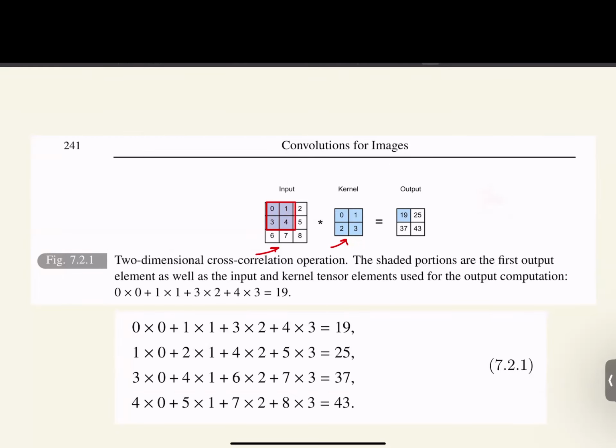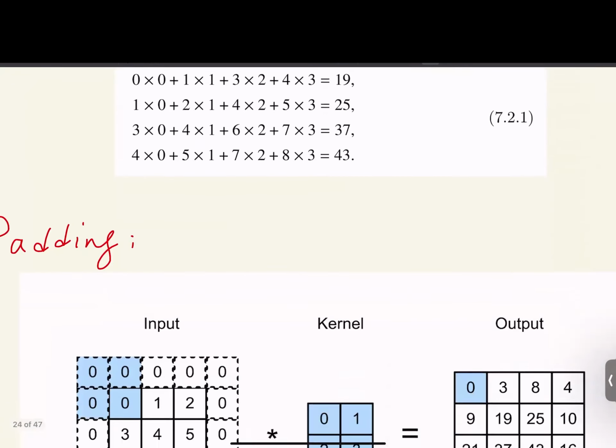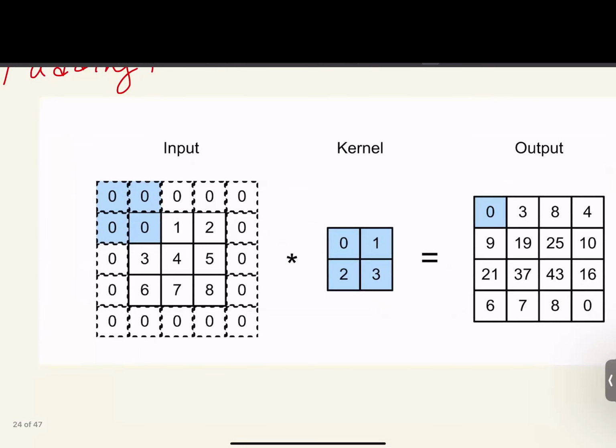The problem here is that sometimes we need more layers in our convolutional neural network, and this operation reduces the size of the dimensions of the data. To fix this, a very simple trick is to pad the data with zeros.